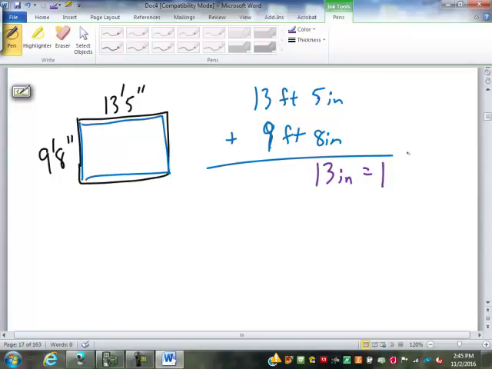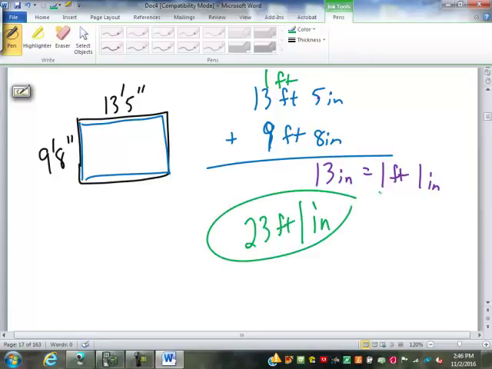It's 1 foot and how many inches left over? 13 minus 12 is 1 inch left over. So I've got my 1 inch. I'm going to carry my 1 foot. 1 and 13 is 14 plus 9 is 23.